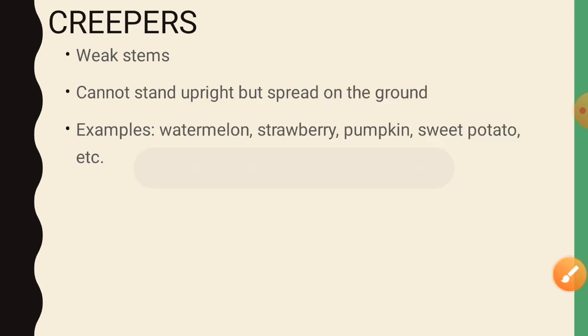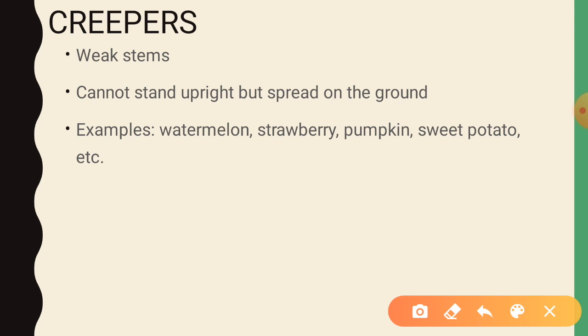The next and last is creepers. Let's see their property. The name creeper suggests to creep. They are those plants which are having weak stems. They cannot grow upright but they spread on the ground. So obviously their stem is also weak, thin, long.